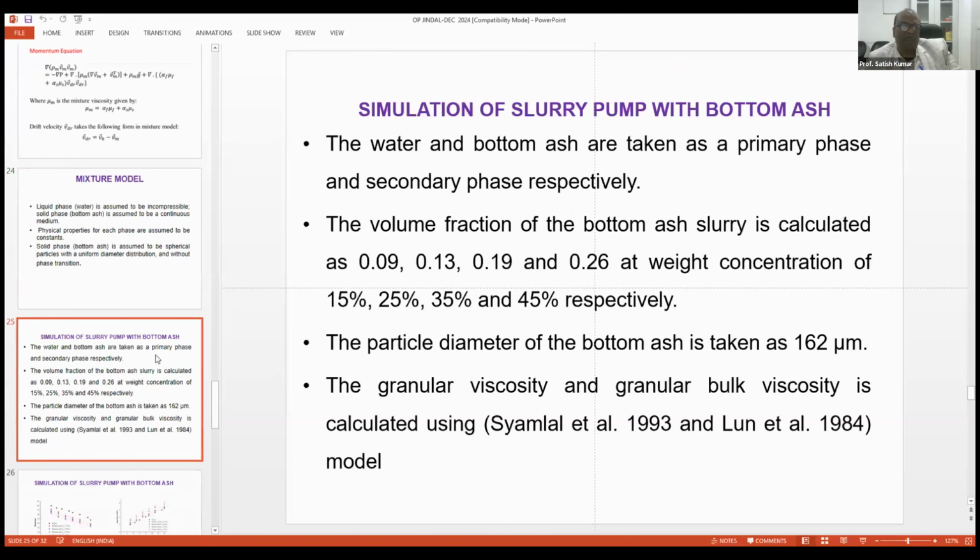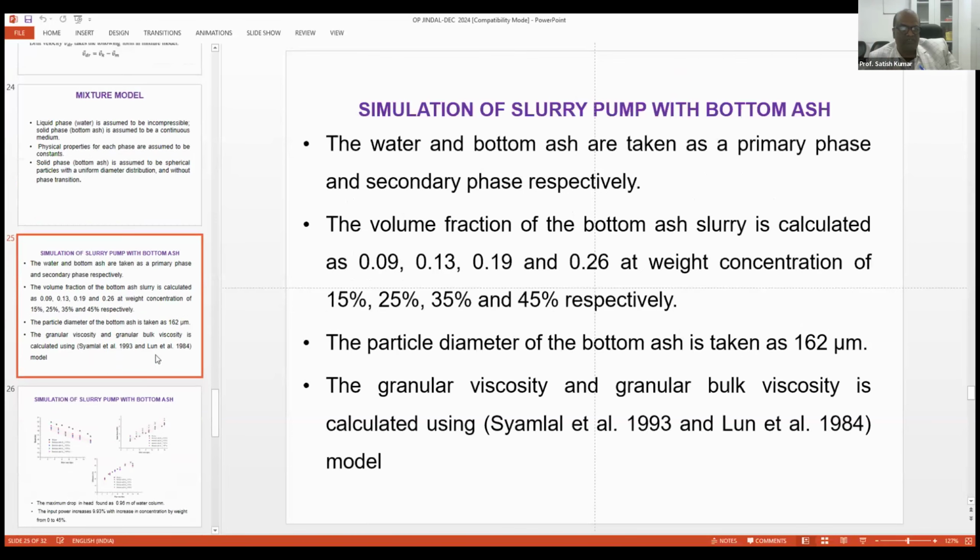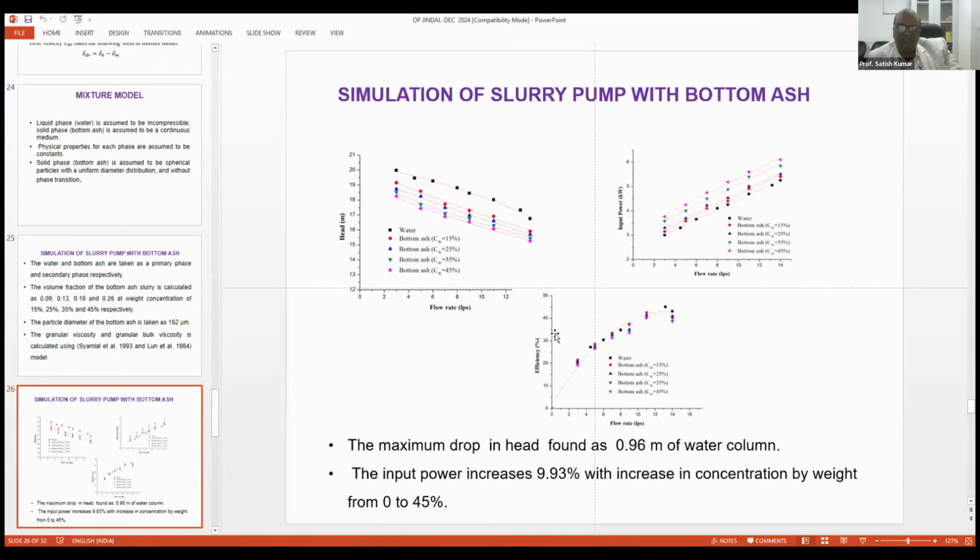Then you have to perform the mixture model simulation in the available CFD software.